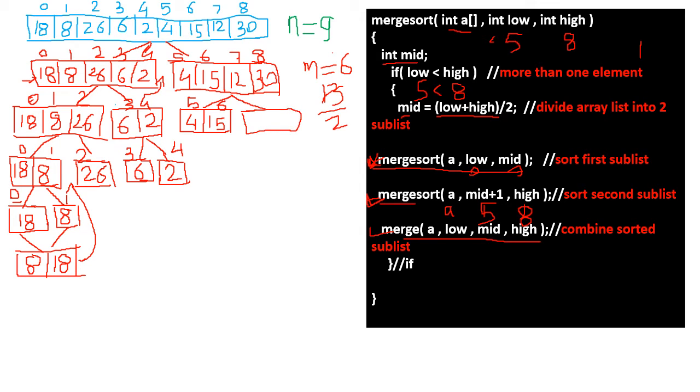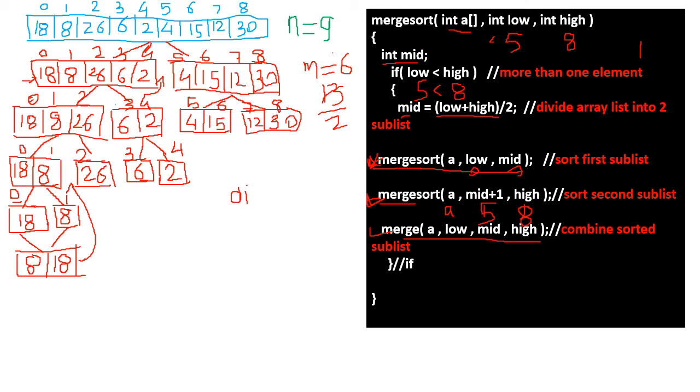Like this we will perform the same operation on these sublists till we get a single element in each sublist. Okay, the logic is clear for this. This is actually our divide technique.